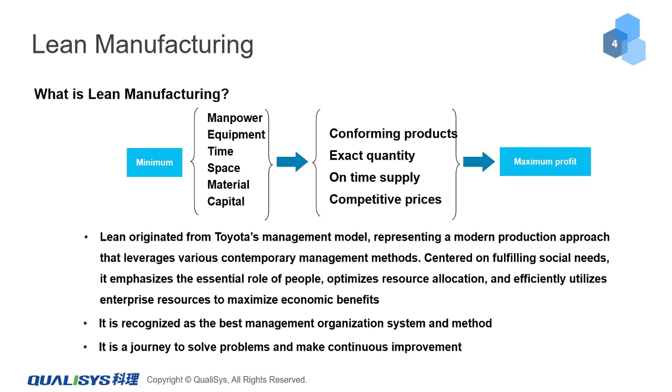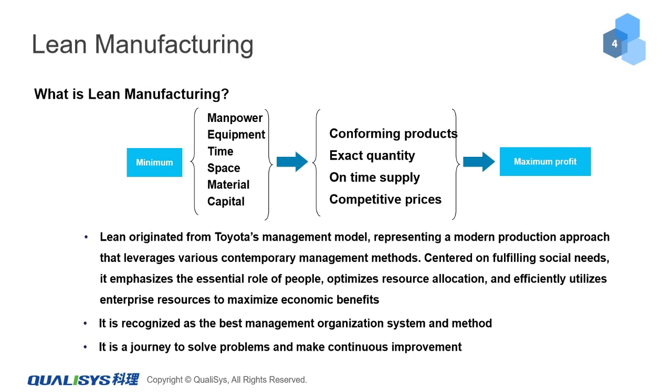So minimum resources means minimum manpower, minimum equipment, minimum time, minimum factory space, minimum material and capital. So use the least that you can to produce the maximum conforming product.